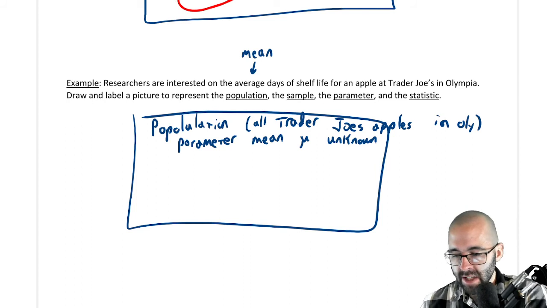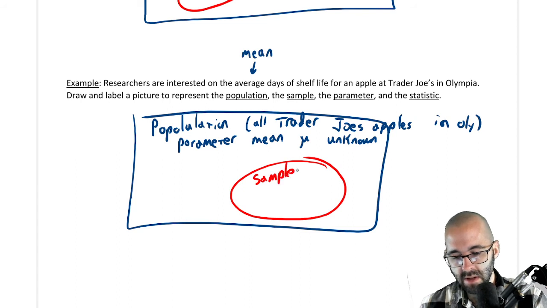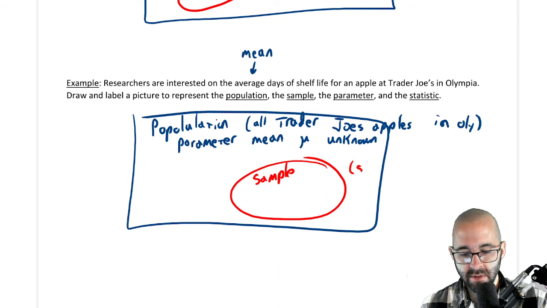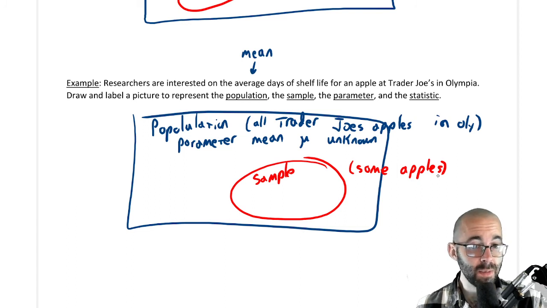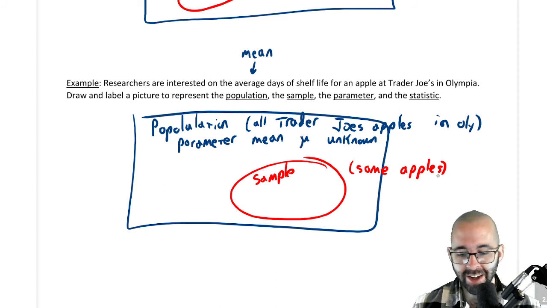And in reality, what we're going to measure is a small subset. That's going to be the sample. And so that's going to be maybe some of the apples. And how we choose which apples is something from a future video. It's coming up real quickly now.